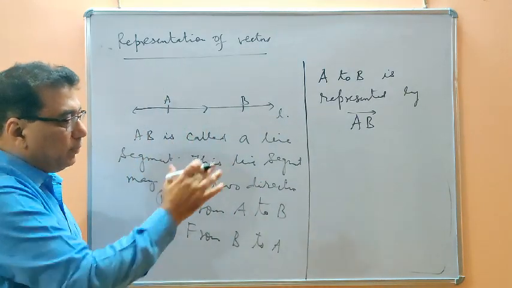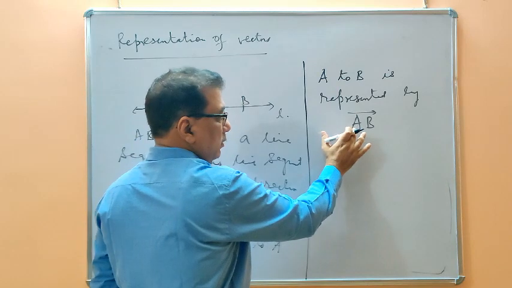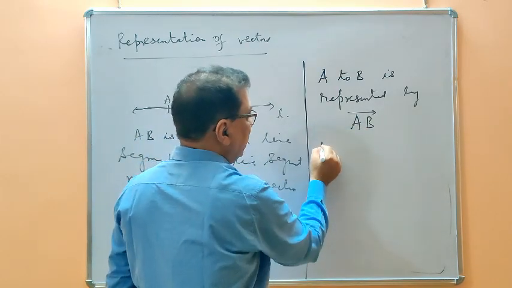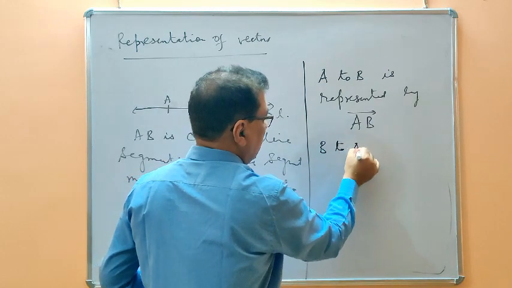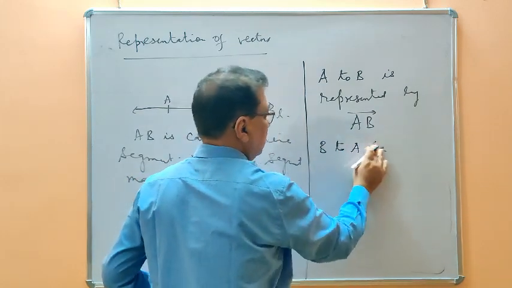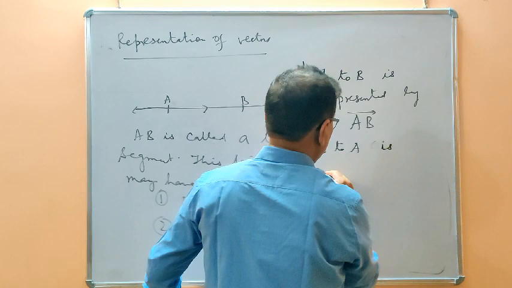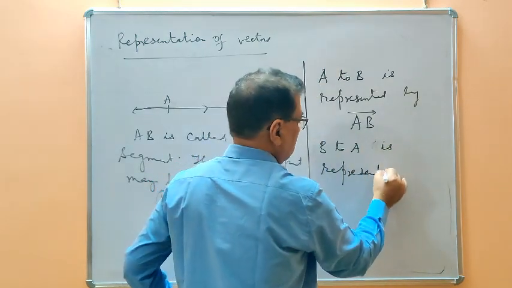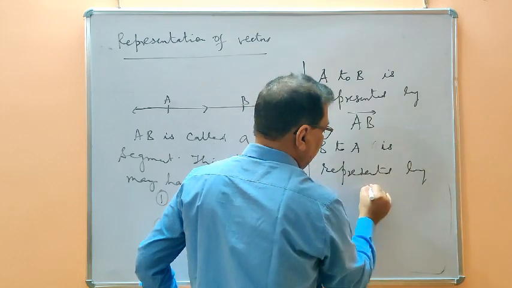It is from A to B. The arrow says that the line segment is beginning from A and is ending in B, and similarly B to A is represented by BA.